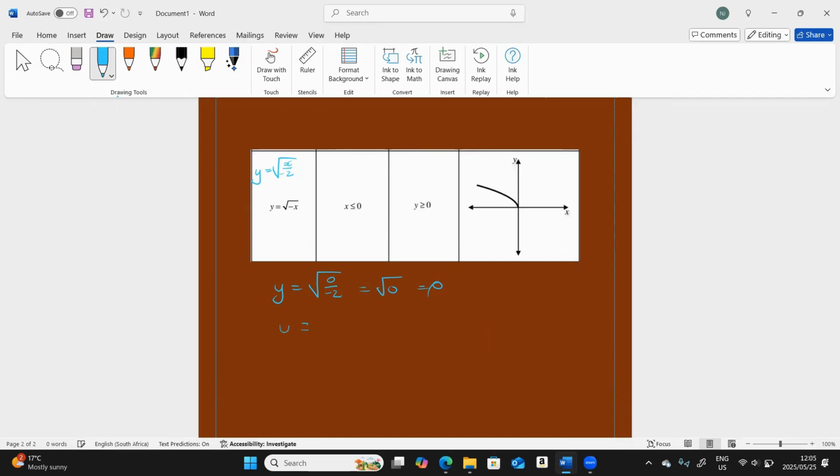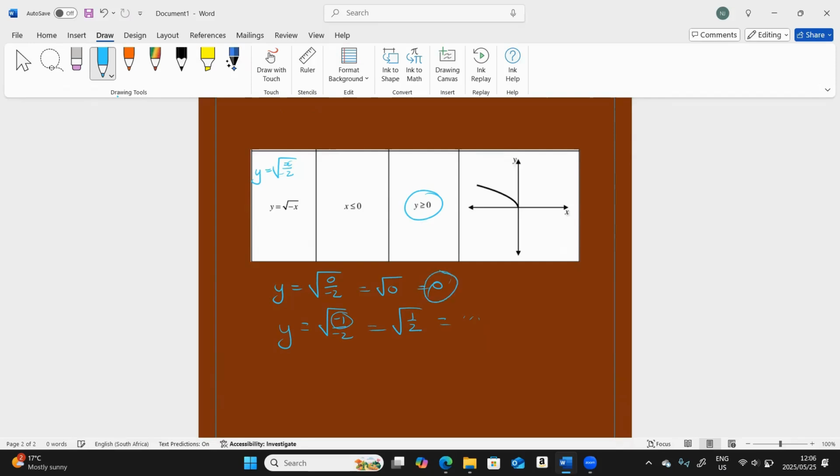So let's, for instance, put in the place of x a negative 1. Can you see why they say we always have to put a negative value at the top? Because that would give me a positive answer inside of my square root. So the answer for y would always be positive, and that is why over here they say y is greater than or equal to 0.